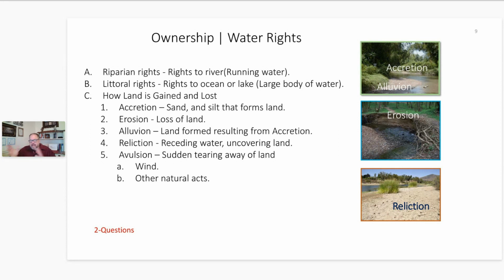I like to associate it with a credit of what? Sand and silt that forms land. So if you look at the picture at the top right, you see the river. See how dirty that water is? Well, the silt and the sand that's in that water is what makes it dirty. It is not soluble. It doesn't go in solution. In other words, if I take a glass and I pour sand and silt in it and stir it up, it's going to be muddy.